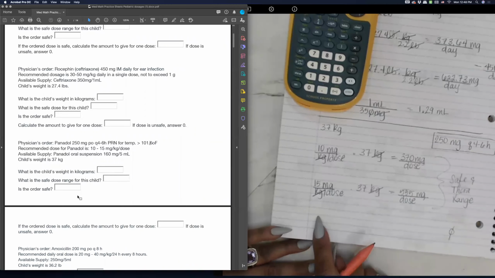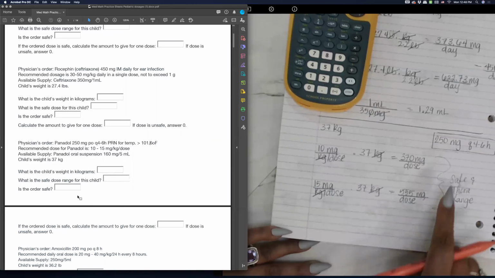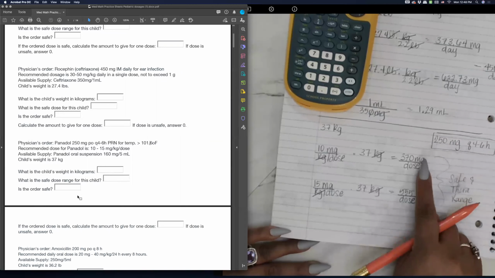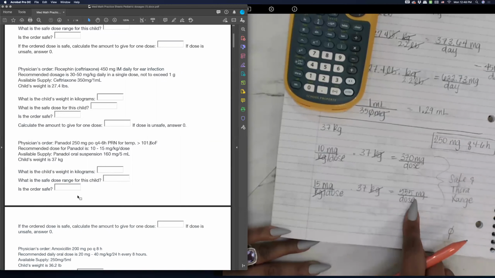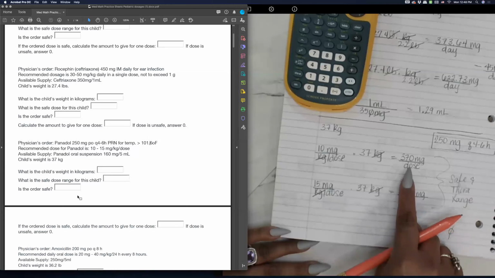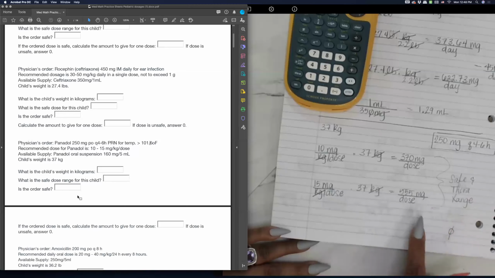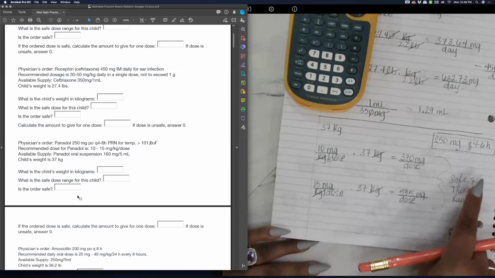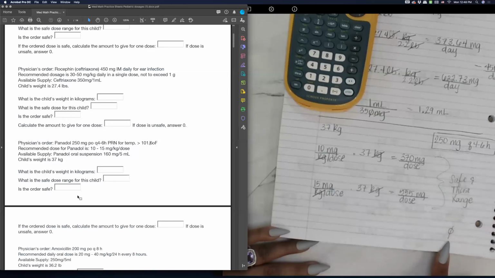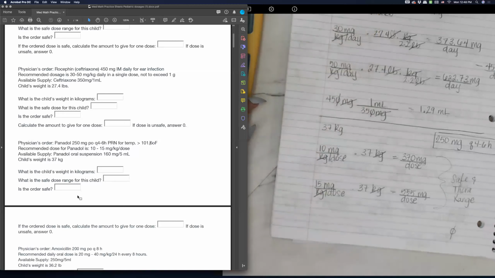And so you wouldn't calculate a dose to administer to your patient because this doctor's order is not within this safe and therapeutic range for a single dose. So we would stop, it's not safe and therapeutic, and then in the last part, we would put a 0 because the dose is unsafe or untherapeutic. We don't know.